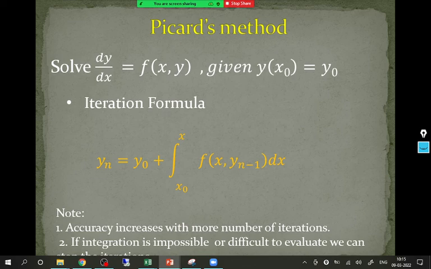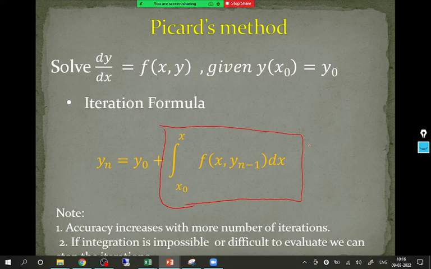So let me see, there are two things. One thing, yes, obviously, if you take more iterations, the accuracy increases. That is always there in numerical methods. But many times you observe this integration here becomes difficult to evaluate, or impossible to evaluate.